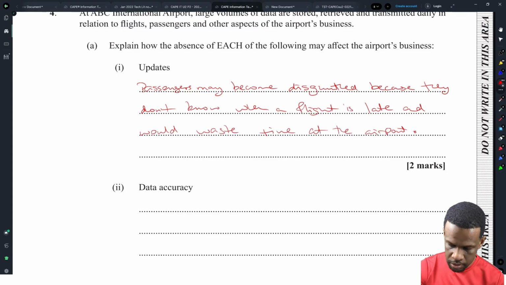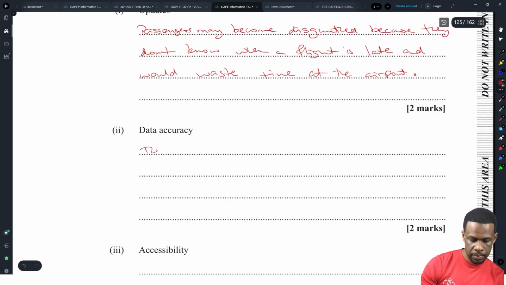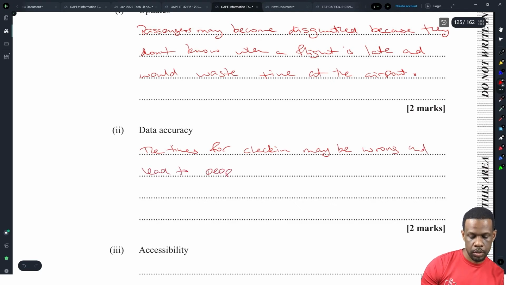That's totally acceptable to me. Data accuracy: the times for check-in may be wrong and lead to people missing their flights.